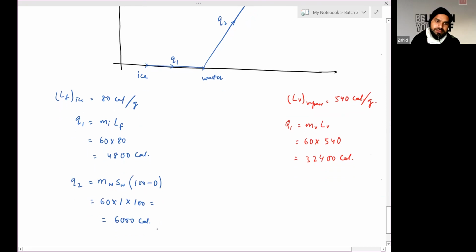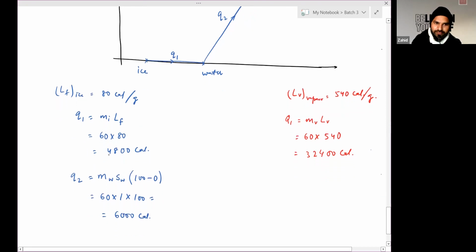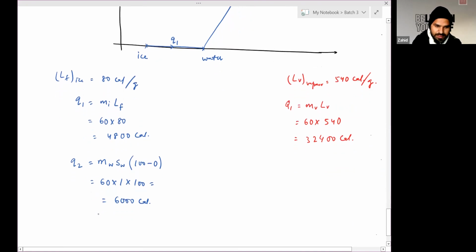Now add these two. We have 4,800 calorie above and 6,000 below. On adding, you will get 10,800 calorie in total required by ice to go from 0 degrees Celsius to 100 degrees Celsius.